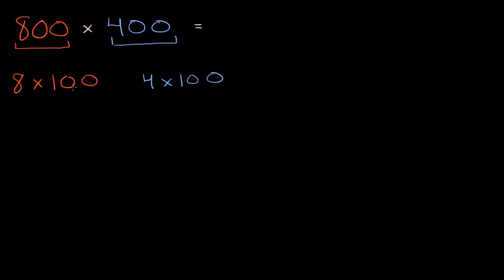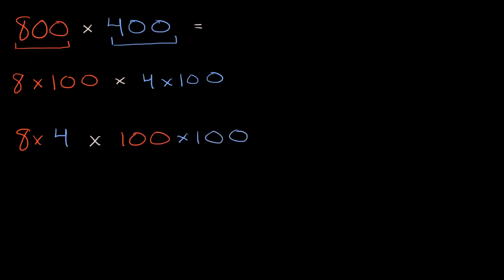And so it's 8 times 100 times 4 times 100. And if you're multiplying a bunch of numbers like this, you can switch the order in which you're doing the multiplication. So you can view this as 8 times 4 times 100 times 100. Now, why is this easier?